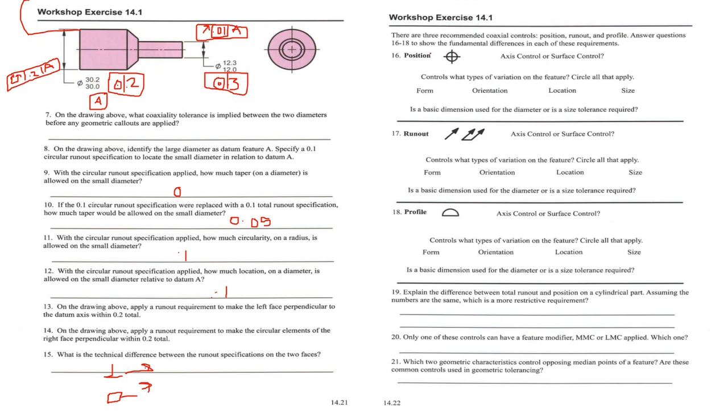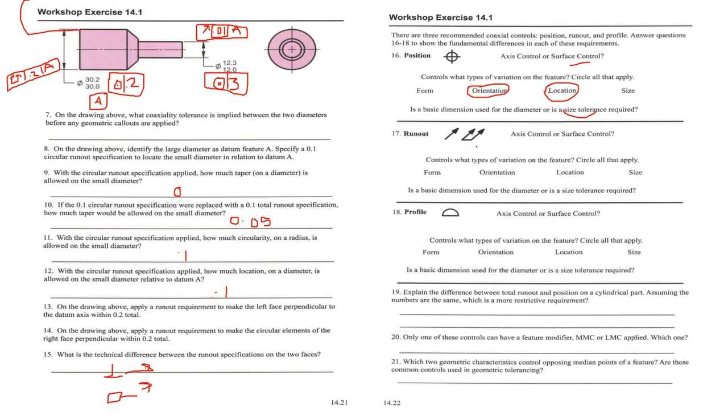Then in this workshop exercise, there are three recommended coaxial controls: position, runout, and profile. Answer questions 16 to 18. The first one is position, and is it an axis control or a surface control? Position controls the location, and it controls the orientation. For position, we require the size tolerance.